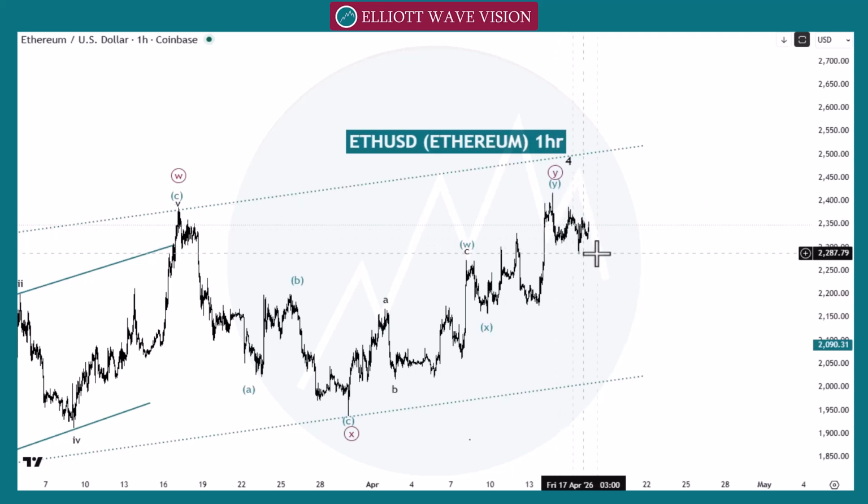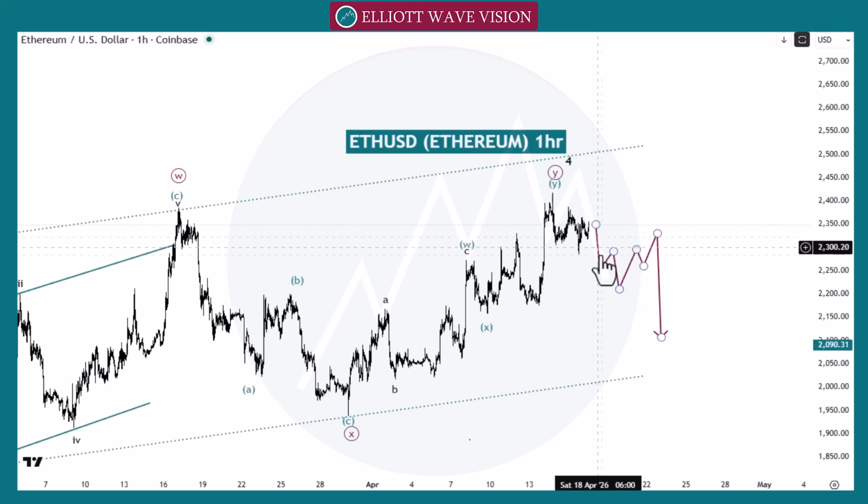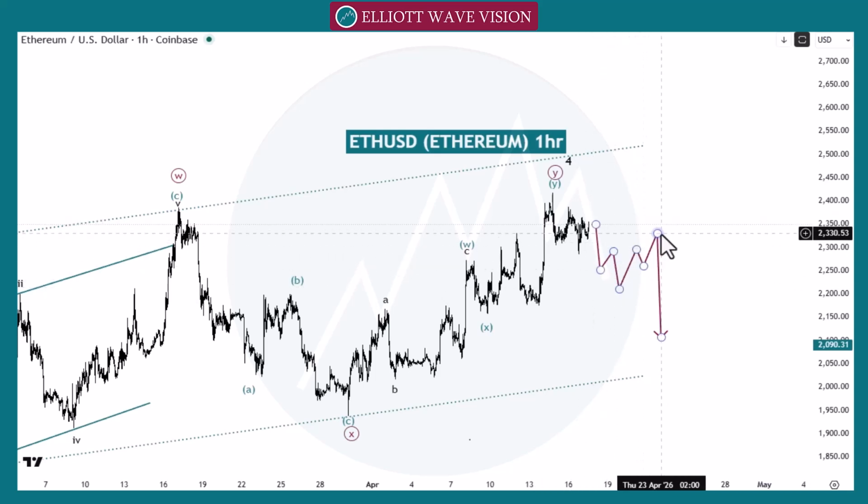But we need to refine our entry and we need to go towards the bearish side with proper impulsive move like 1, 2, wave 3, 4, 5 and classic trading level pattern. So if market give us this impulsive move and A, B and C, then we will go towards the 21 and 2000 step by step.